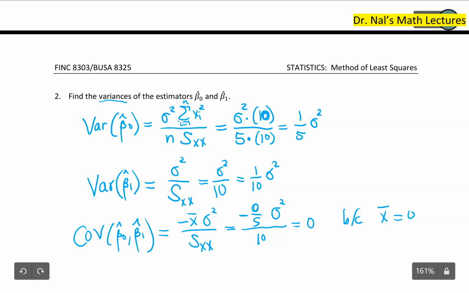And x bar is 0 because the sum of xi over 1 to n divided by n has a numerator that is itself 0. That's why this was 0. Awesome.